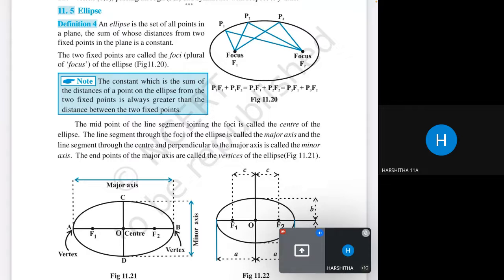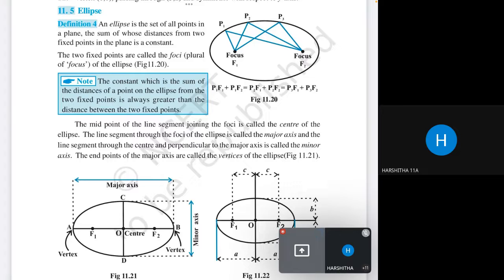So the major axis is the line segment joining the two foci. The line segment through the center and perpendicular to the major axis is called the minor axis. The end points of the major axis are the vertices of the ellipse.